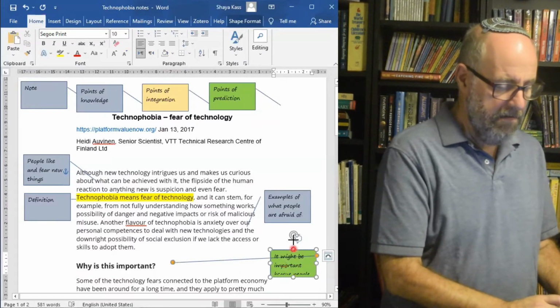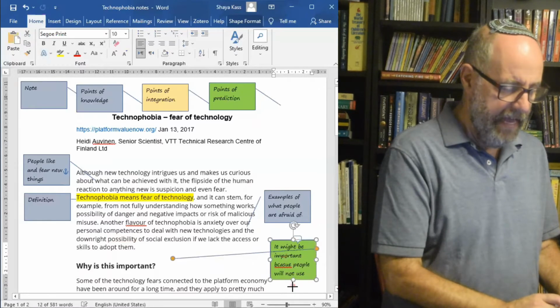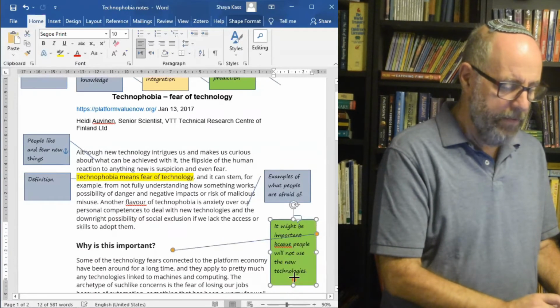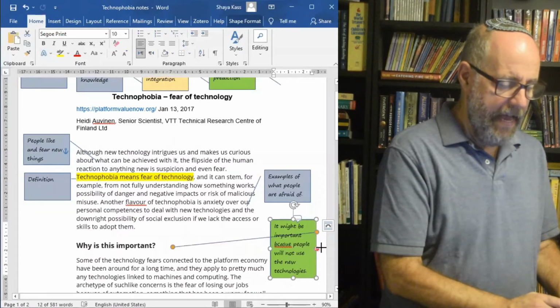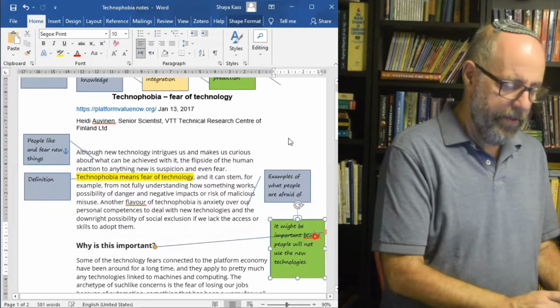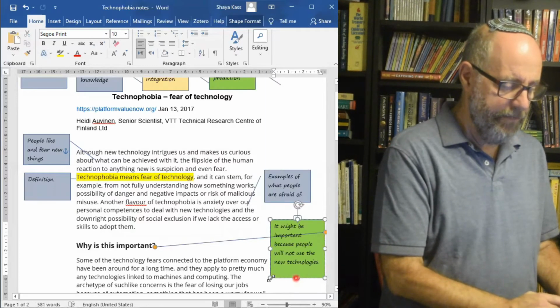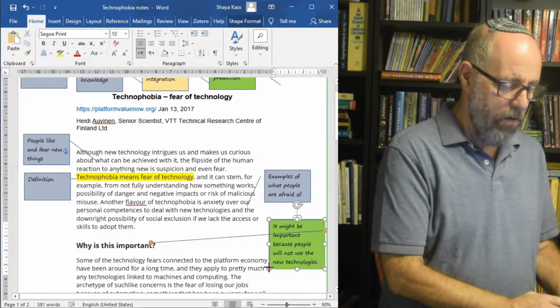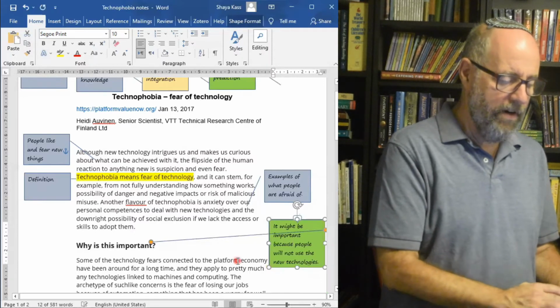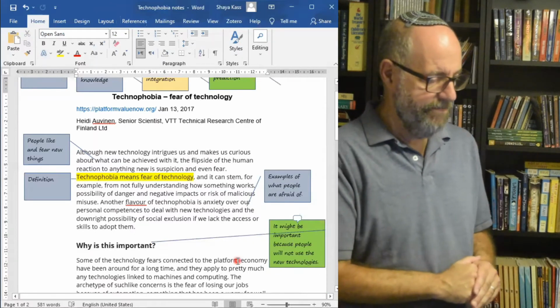So I'm guessing, and maybe I'm right and maybe I'm wrong, that it's important because we want people to use the new technologies. And if people are afraid of them, they're not going to use them. And then, what's it all worth? So that's my prediction. I wonder if I'm right. Only one way to find out, and that's to read more and see if I'm right or if I'm wrong.